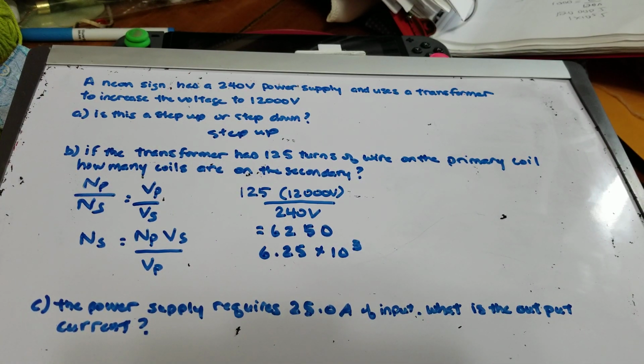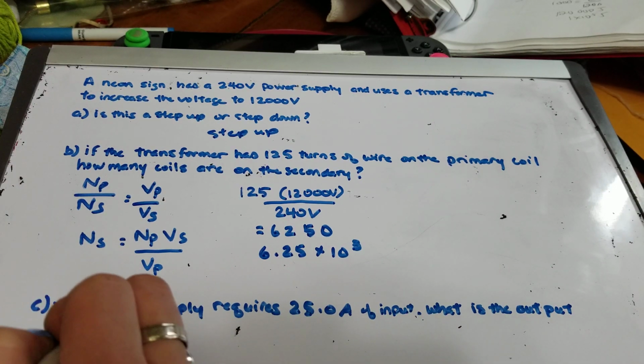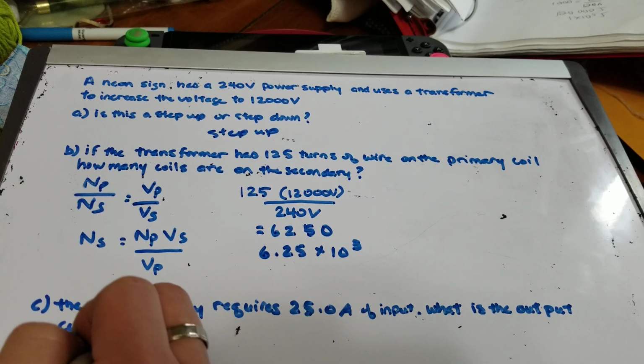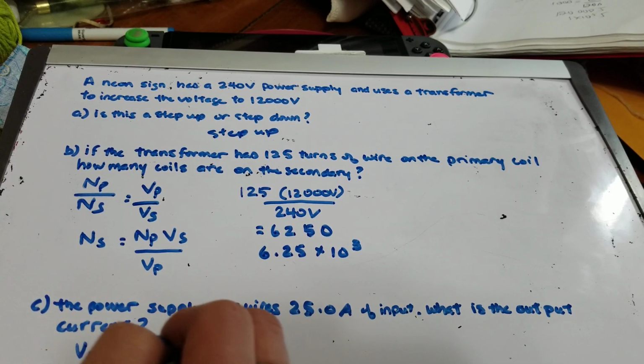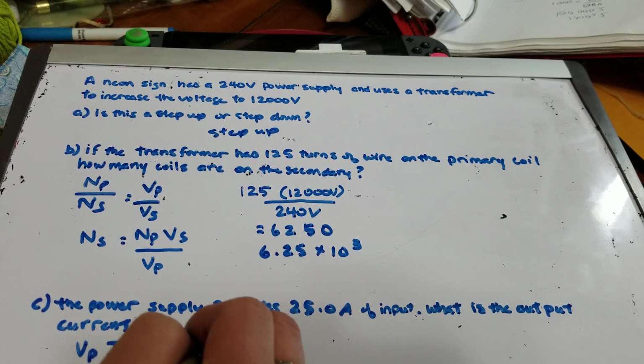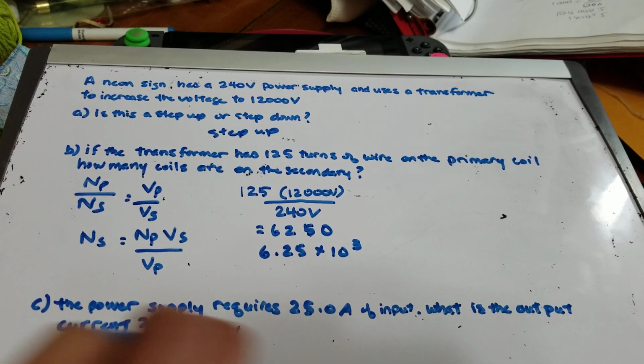Okay. We move on to the third part of the question, part C. It says the power supply requires 25.0 amps of input. What is the output current? When you're looking for current, current is the letter I. If you check the notes, there is a formula for current. I'm going to write it down in case you don't have the notes right in front of you. VP IP is equal to VS IS.